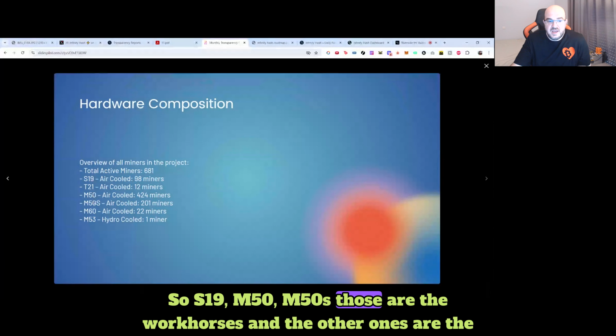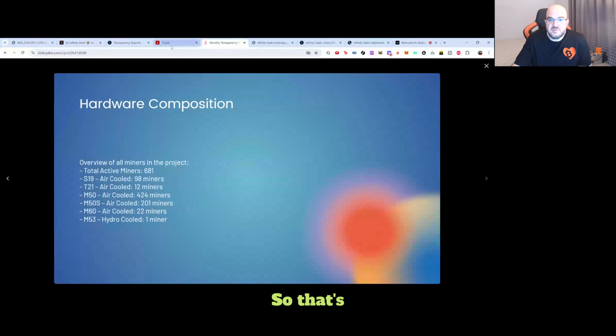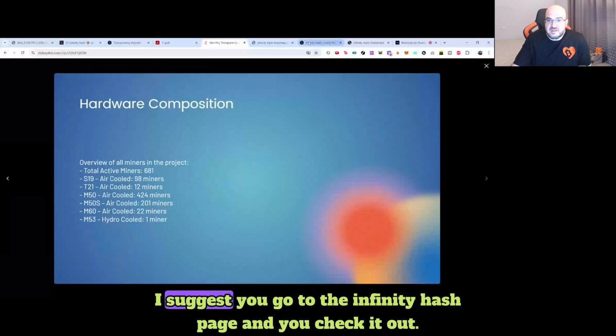So S19, M50, M50S, those are the workhorses, and the other ones are the newer ones that have a little bit more hash power. So that's basically the transparency report in short.